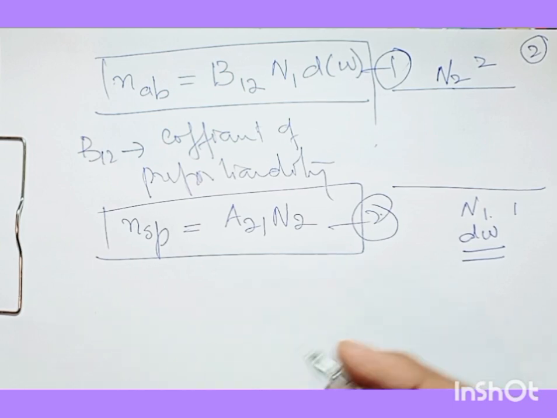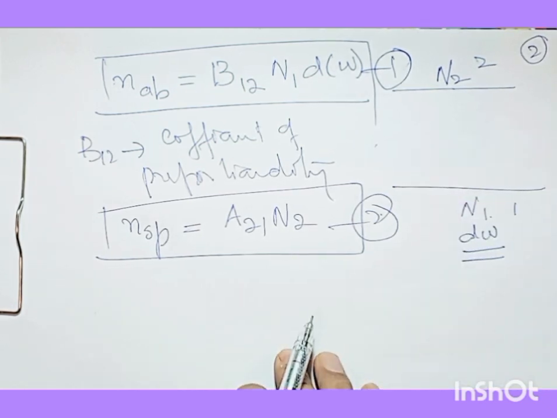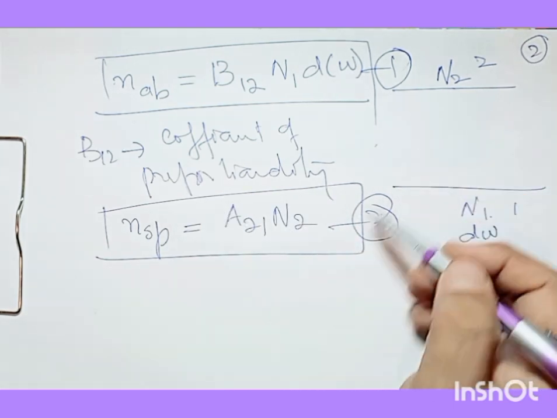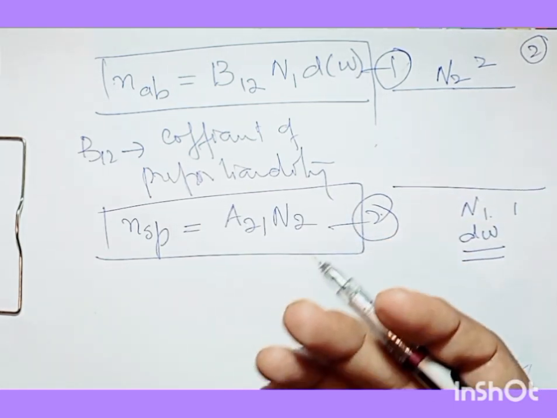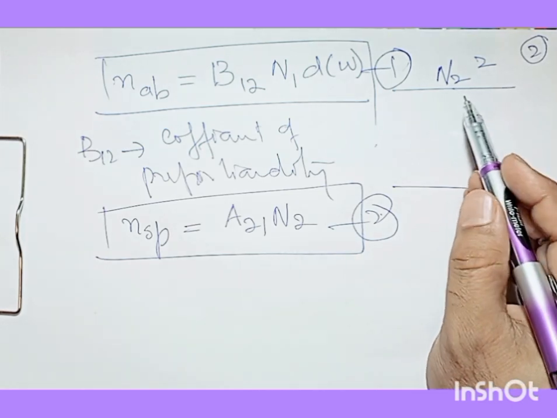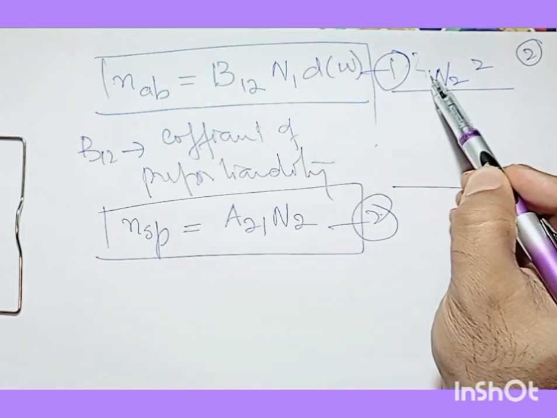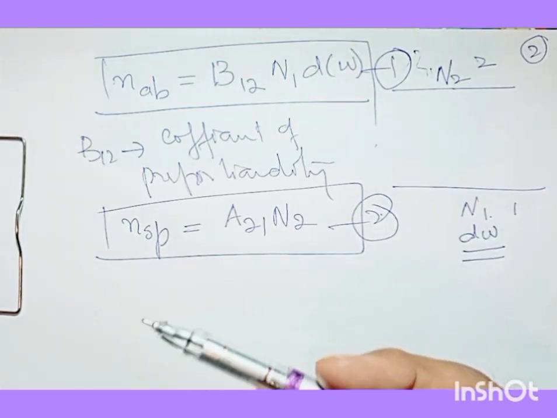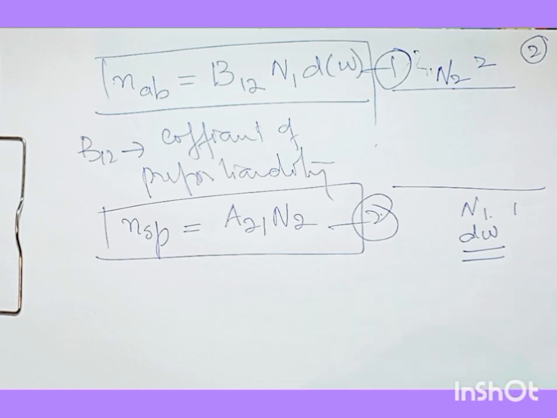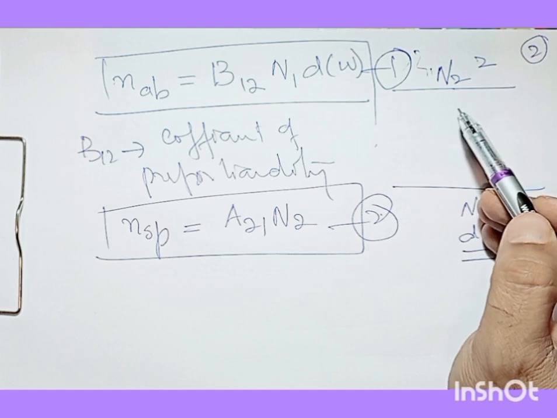Now, in the second type of emission, called stimulated or induced emission, an incident signal of some appropriate frequency triggers the atom in an excited state to emit the radiation.